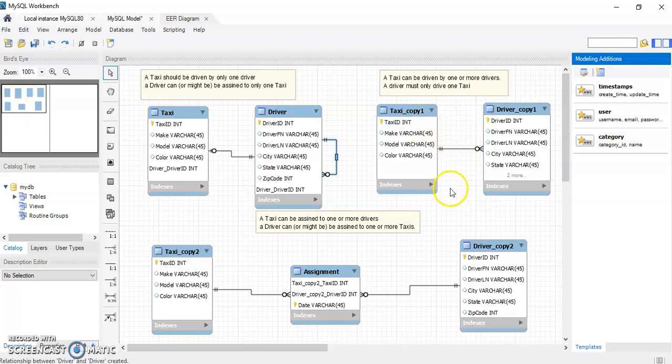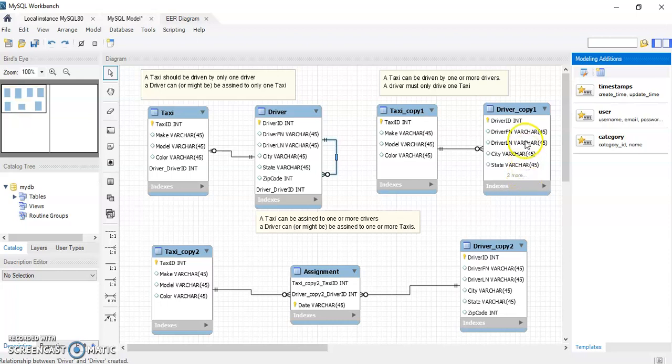So if I say in the exercise, for example, and I'm going to pick this one specifically, that the driver must only drive one taxi. So if I say we hire drivers and we keep their data in the database, whether they are assigned taxis or not, they're going to be in as long as they have their driver license, or, you know, a taxi driver license, which is maybe a special license.